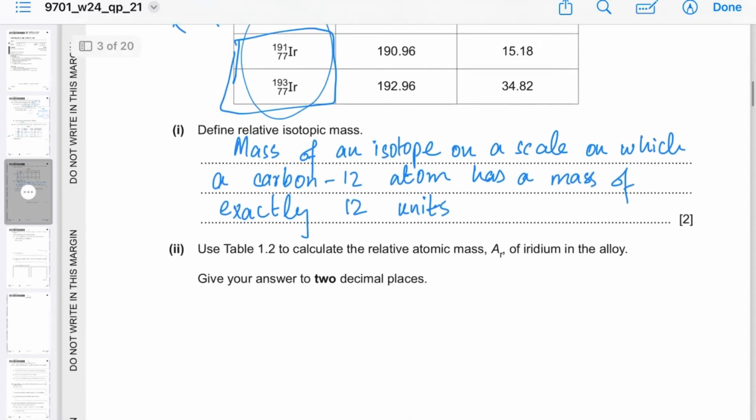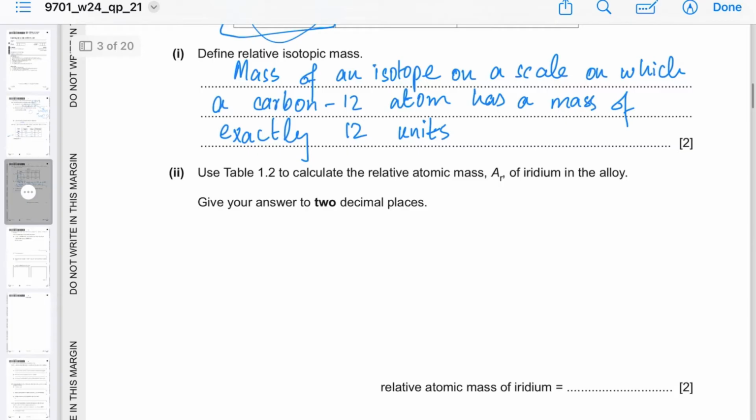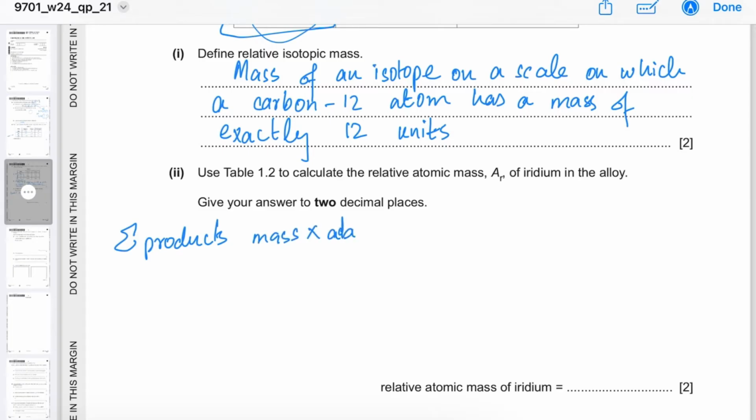If we were to calculate the mass of this alloy considering all of the isotopes, the relative atomic mass would be equal to the sum of the products of the isotopic mass and the abundance of that particular isotope in the alloy, and you divide that by 100 because that's the total composition made by all of the isotopes.